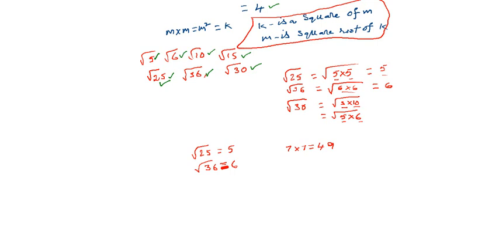Next one, 8 into 8, that is 64. 64 is also a perfect square. Next one is 9 into 9, that is 81. This is also a perfect square. 10 into 10 is equal to 100. 100 is also a perfect square.